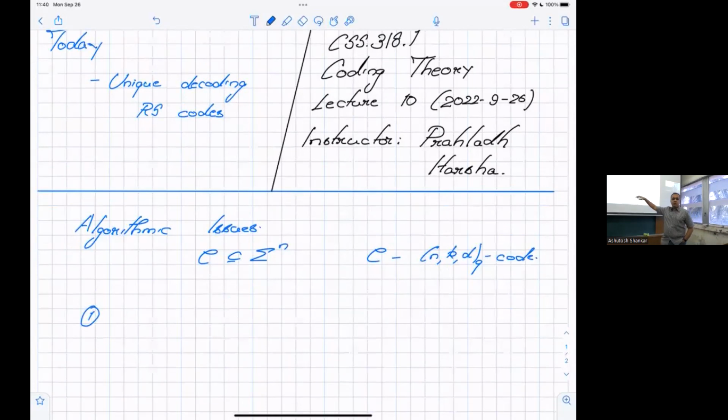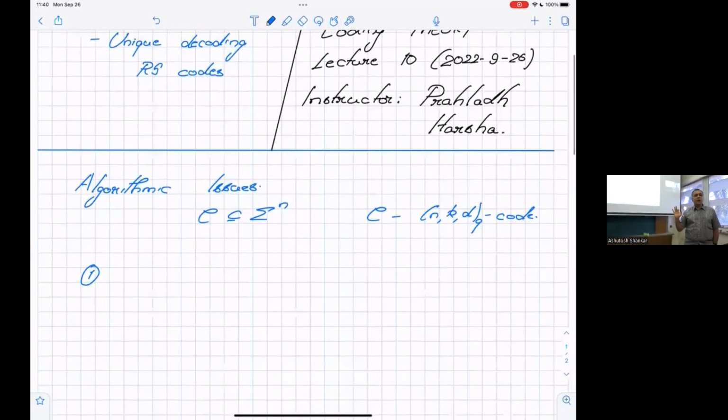We'll just list a bunch of questions that can come up. The simplest of the questions is the encoding algorithm. Is the encoding process efficient?